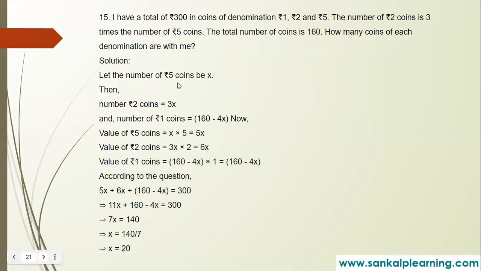I have a total of rupees 300 in coins of denomination rupees 1, rupees 2, 5 rupees. The number of rupees 2 coins is 3 times the number of 5 rupee coins. Okay. The total number of coins is 160.